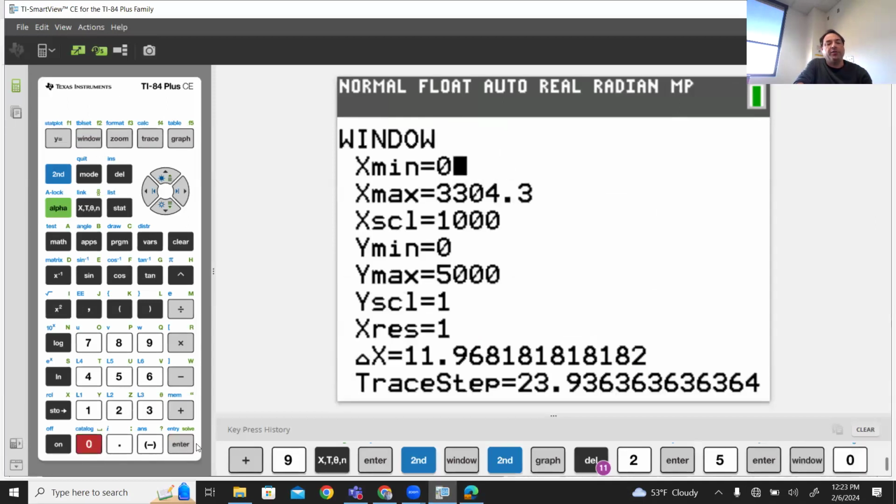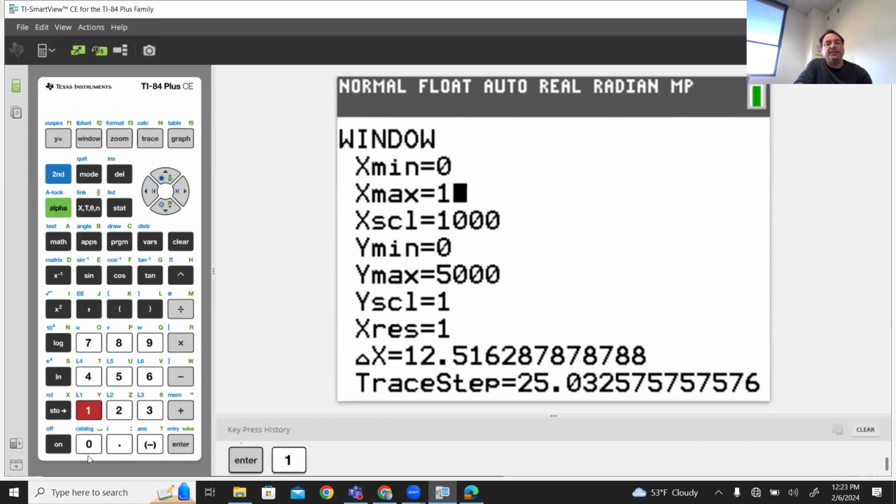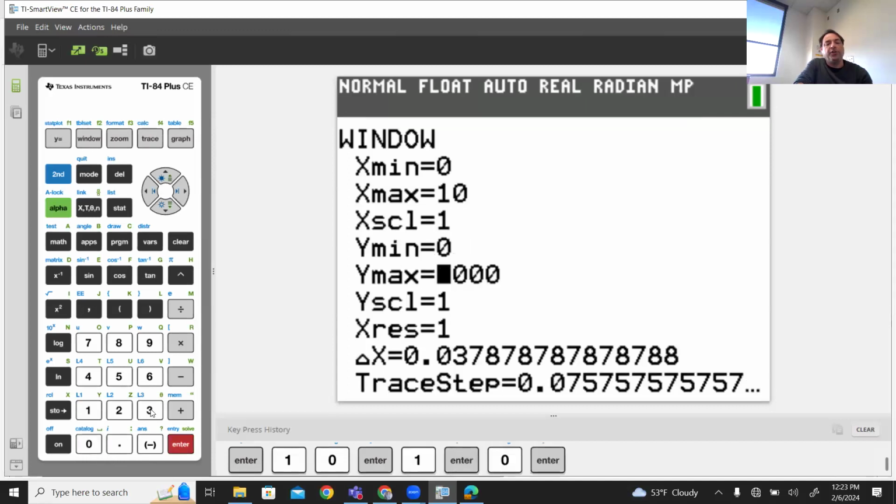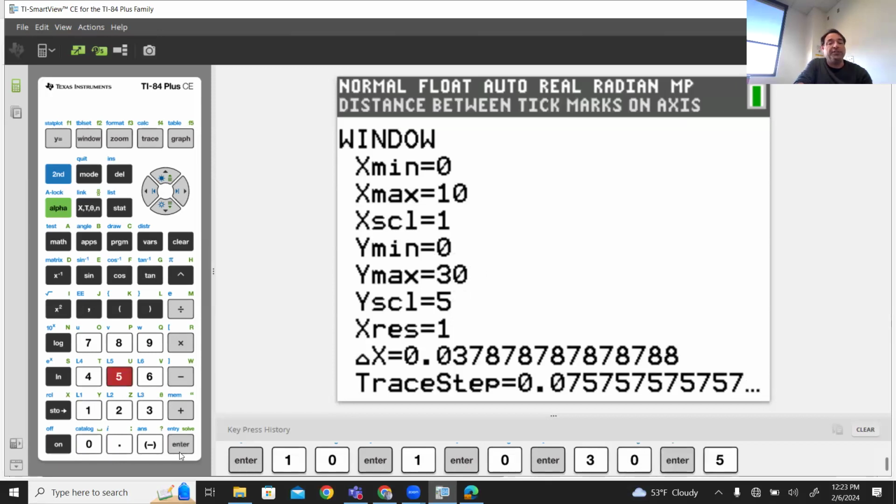I'm going to go from 0 to 10 seconds, counting by 1s. My Y, I'm going to go from 0 to 30, counting by 5s. And this is all original. This is no calculus. This is all basic algebra stuff, graphing stuff that we did in chapter 1 and you've done before. Then I'm going to hit graph.